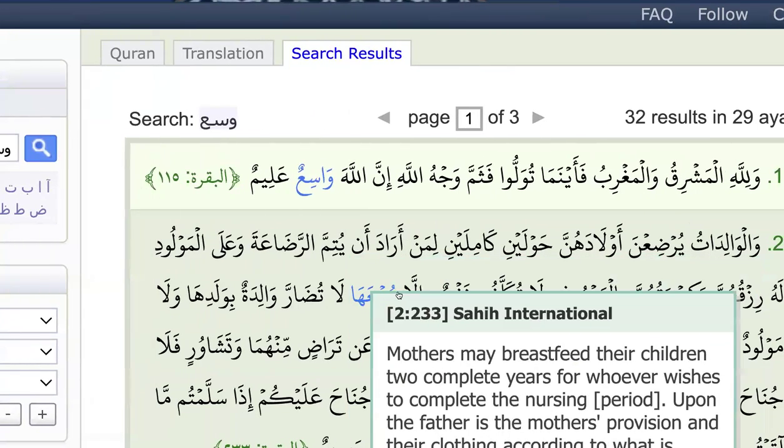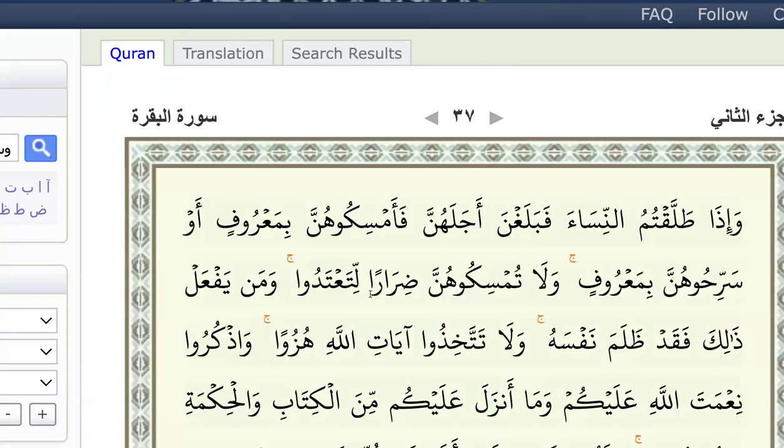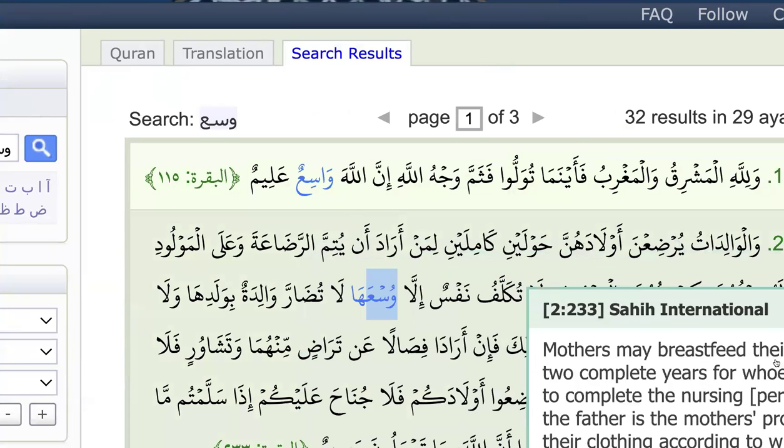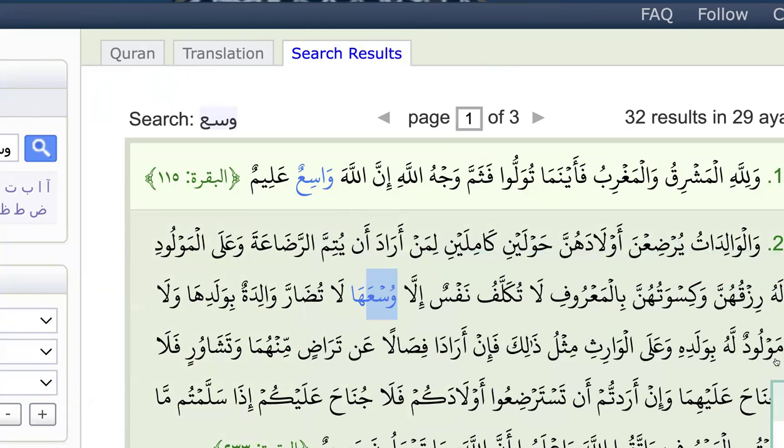For example, if I ask you why waw is still in the word wus'aha, what will be the answer? Who can answer this for me? Wus'aha. Why is there no hasf of waw here? Why is no rule being applied to this masdar? Because the pattern is not fi'lun; the fa kalima here is not written with kasra.